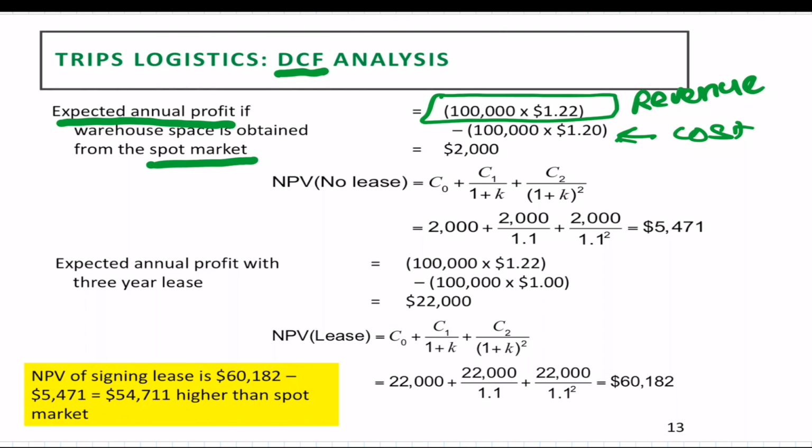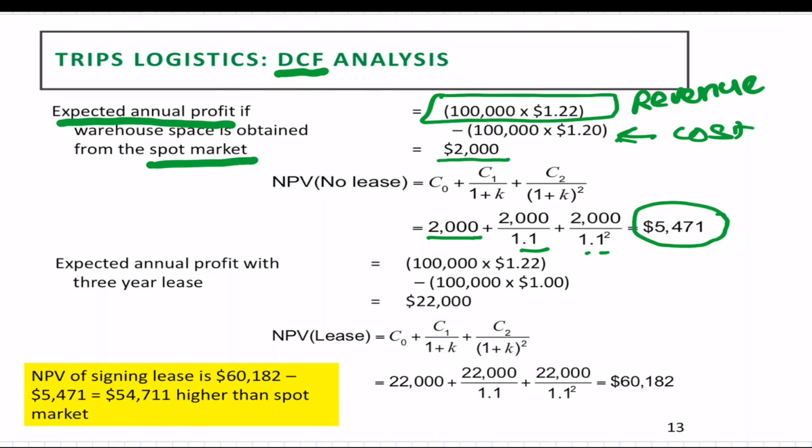So it comes to about $2,000. And then we can calculate net present value. So in time period 0, cash flow is $2,000, and in time period 1, it is 2,000 divided by 1 plus k, and because k is 0.1, we have 1.1 here, and so on. So using this we get 5,471.